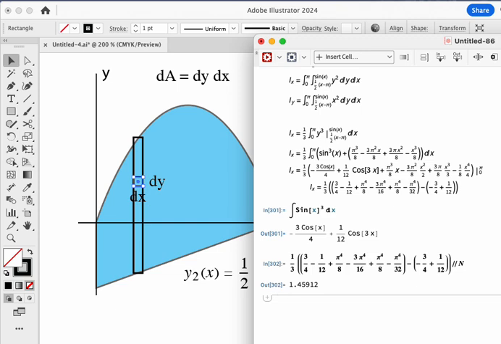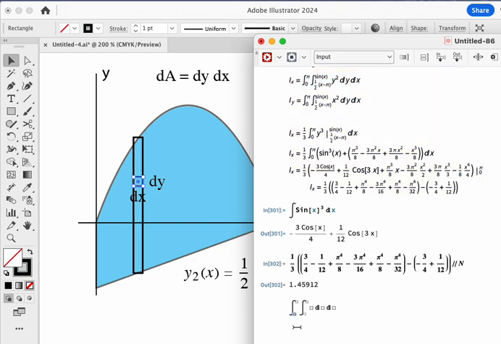Just to make sure we did this right, let's do it on the computer and see what happens. So I'm integrating, again, this is what I'm doing right here, right?